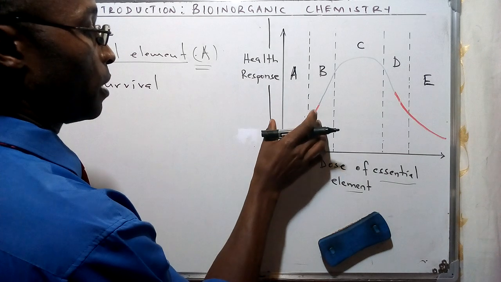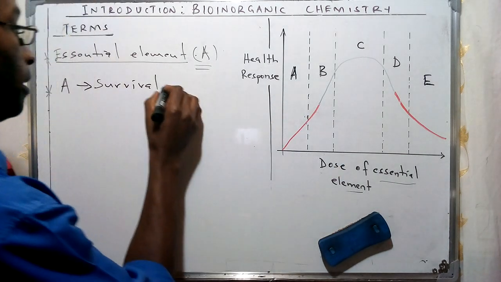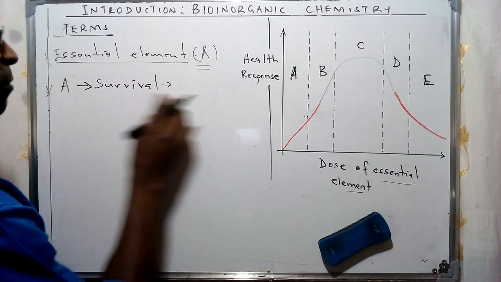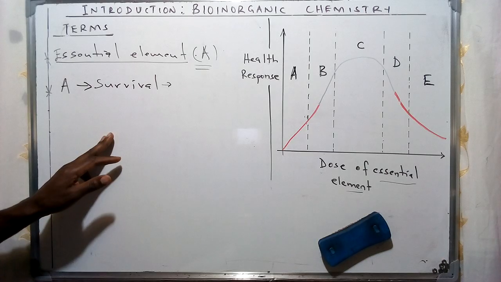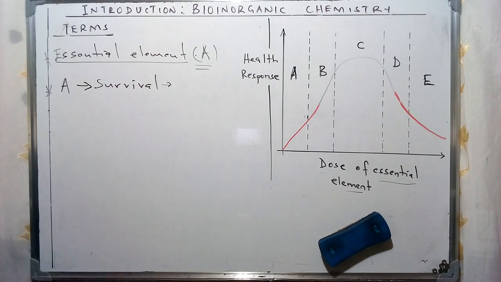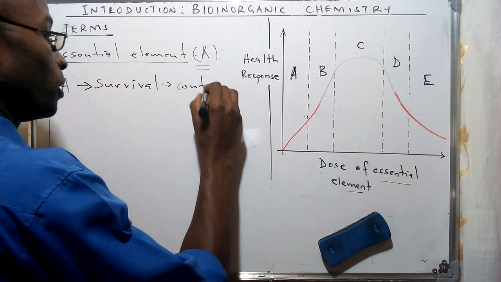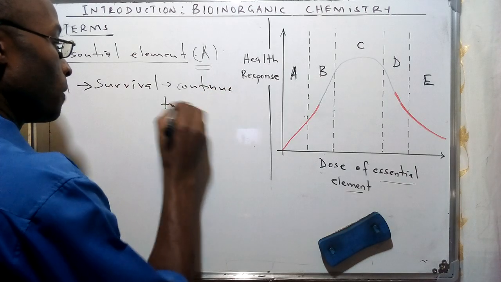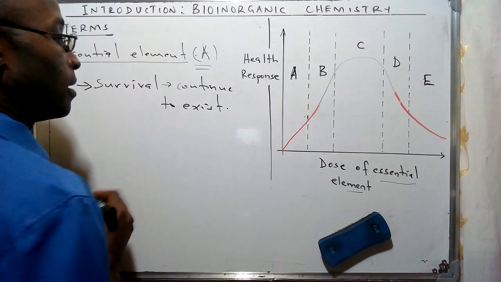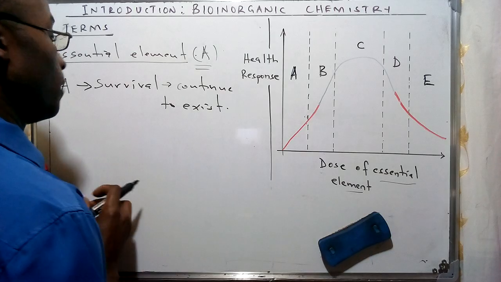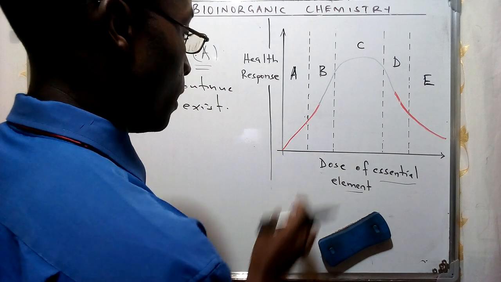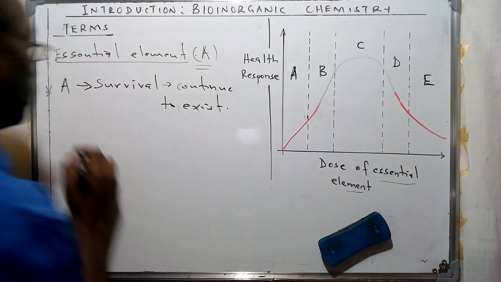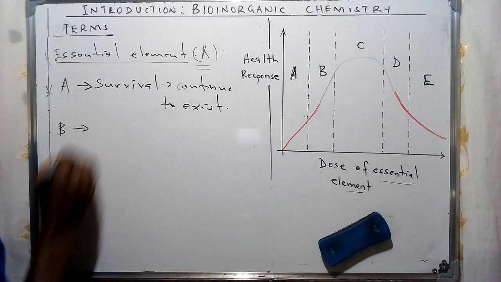And in this state, the organism is going to continue to exist, but it's going to be existing in a state whereby this element is not present in an essential, or rather desirable, quantity, and therefore it is regarded as the survival stage.